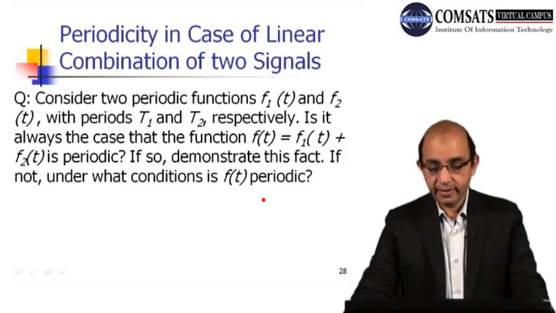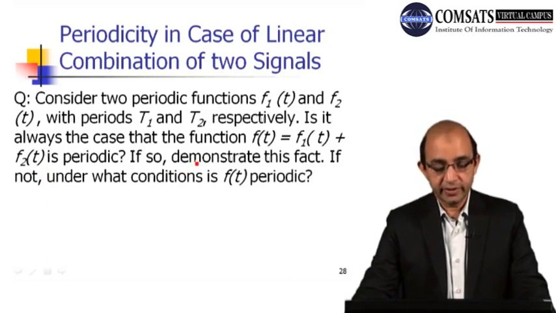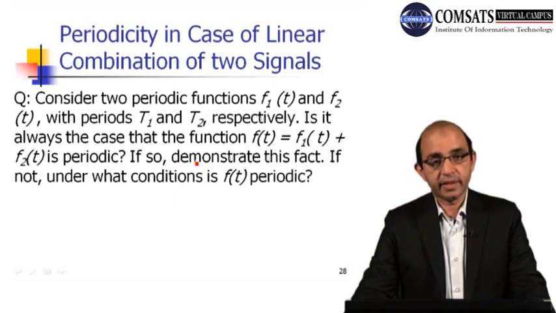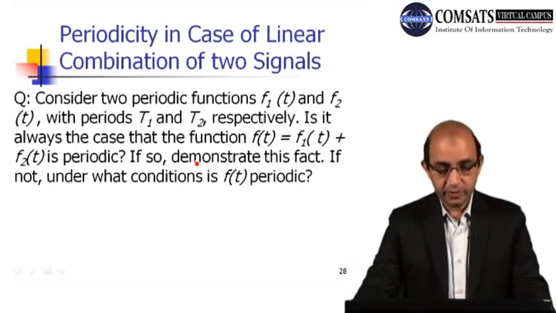We can write f of t as a linear combination of f1 of t plus f2 of t. So how can we demonstrate that their linear combination is also periodic, and if it is not periodic, what are the conditions that have to be mentioned?